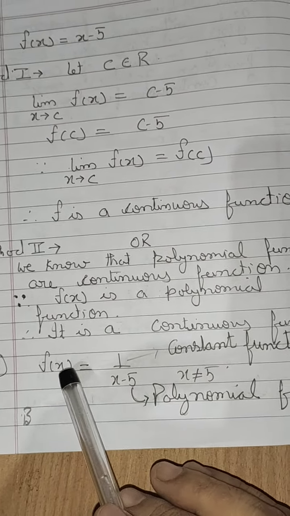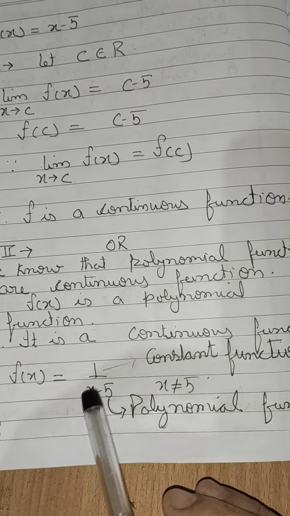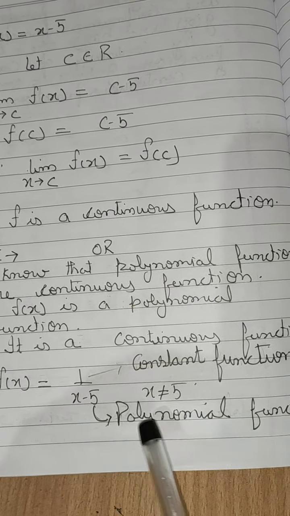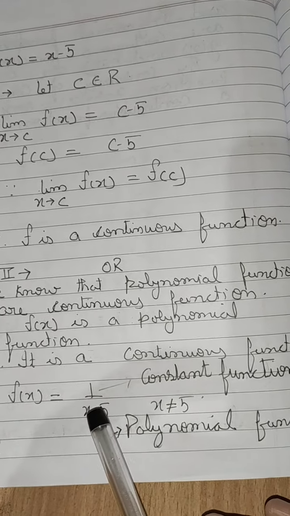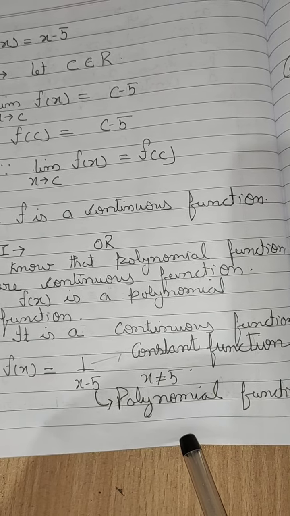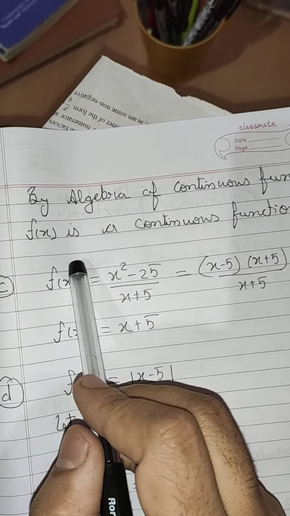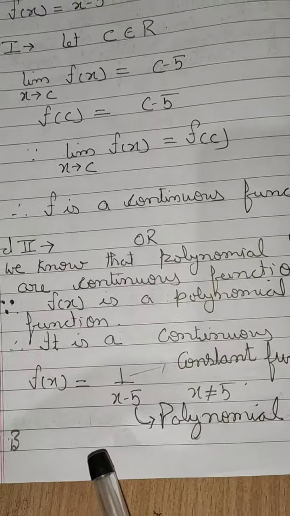Its second part, f(x) is equal to 1 upon x minus 5. How is it formed? The numerator is a constant function, the denominator is a polynomial function. So here we have to apply the algebra of continuous functions.